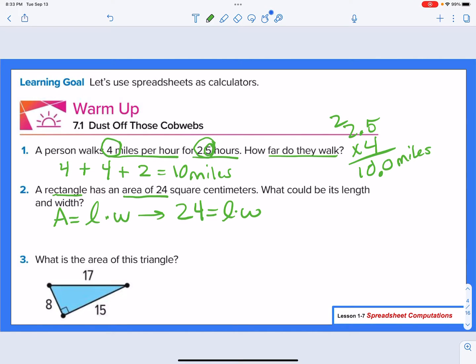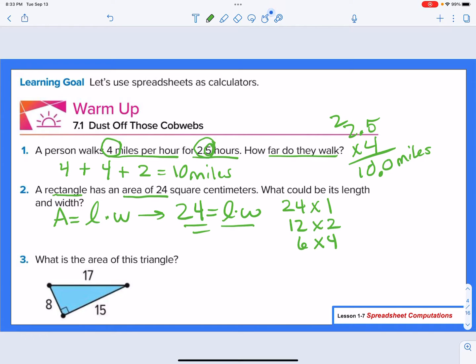So think about your math facts. Which numbers could you multiply together to get to 24? You could have something like a length of 24 times 1. What else? 12 times 2. We could also have 6 times 4.